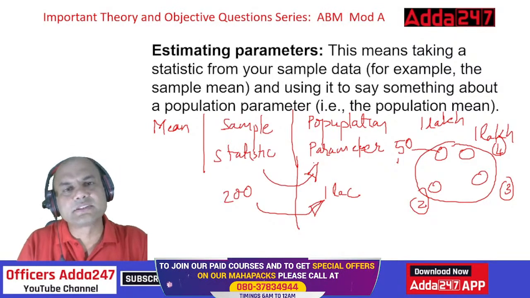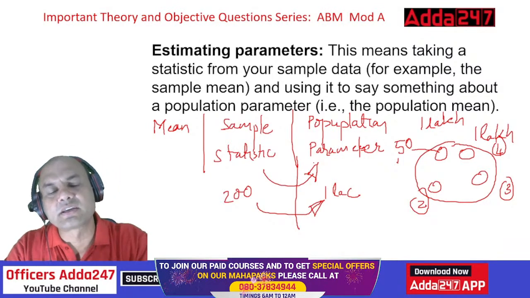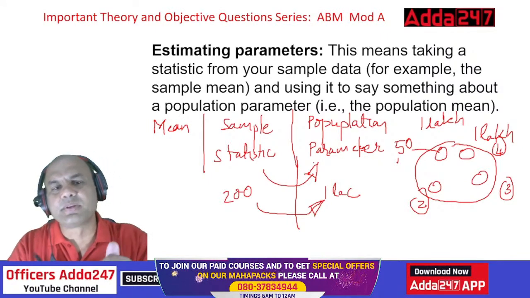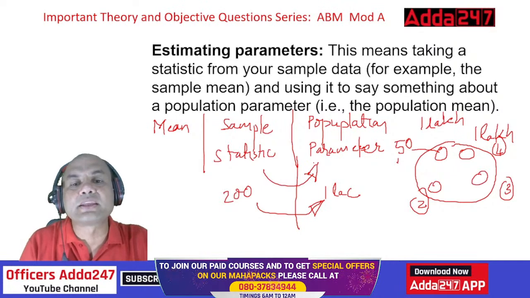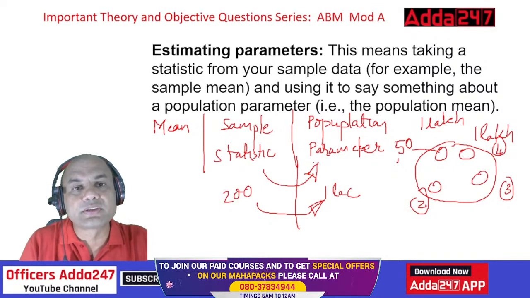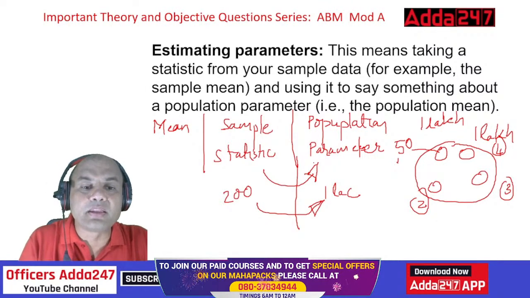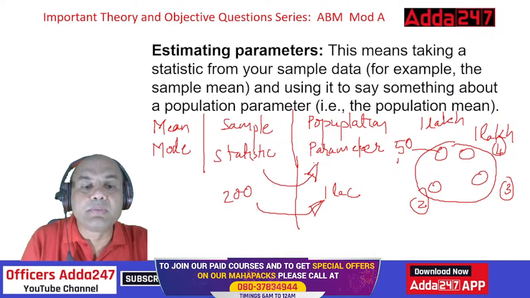One more thing I want to explain is parameter and statistic. Always remember, in the exam you will get a question on statistic and parameter. Let me put it simply. What are the various points we always find, meaning various parameters? It can be mean, mode, median.